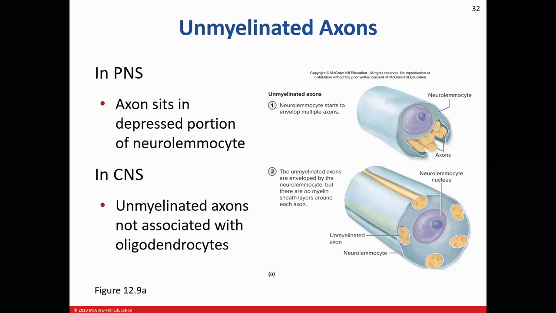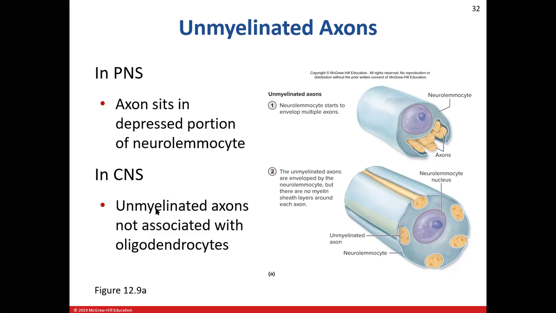When we look at unmyelinated axons in the PNS, you'll notice that the axons sit in depressed portions of the neurolemmacyte. The neurolemmacyte doesn't actually go completely all the way around, and the individual axons themselves aren't myelinated. You'll see that the neurolemmacyte starts to envelop multiple axons, but in essence isn't completely surrounded.